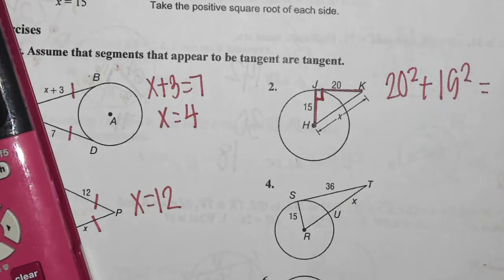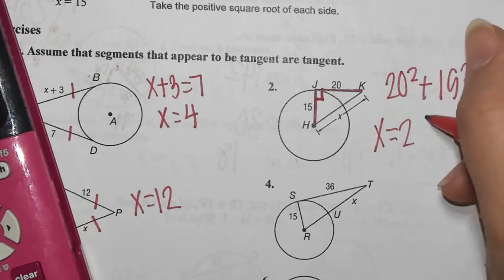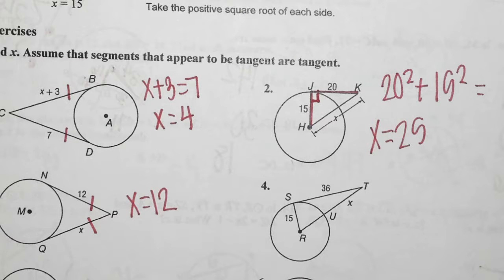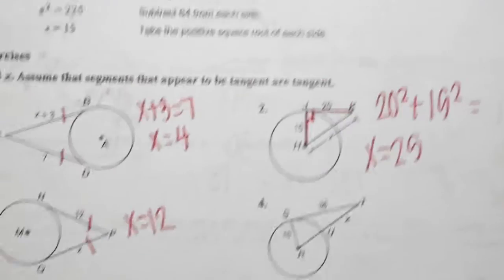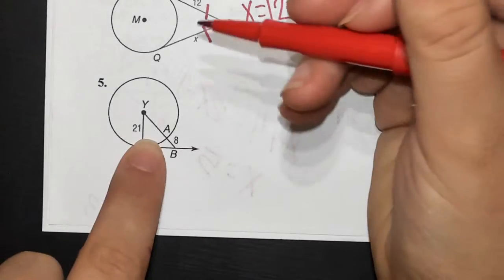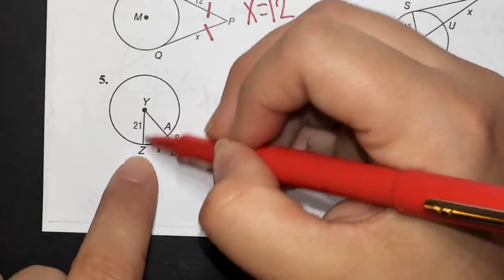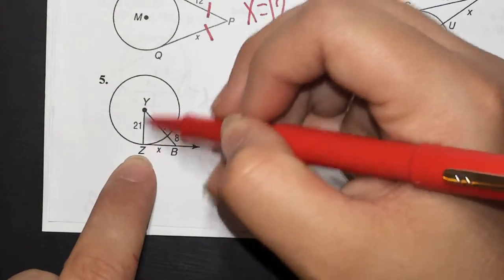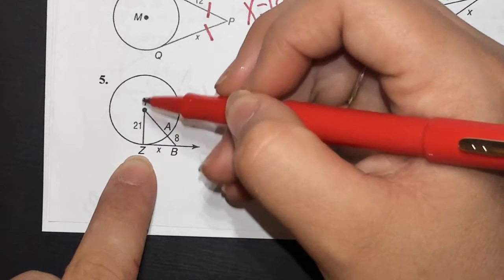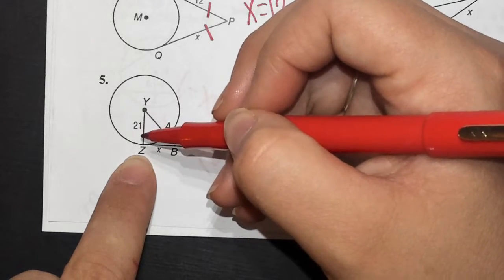Yeah. Good. Try 4 and 5 and 6. The only thing about 5 is, look at 5, please. Is that a radius? Yes, and the radius is how long? 21.